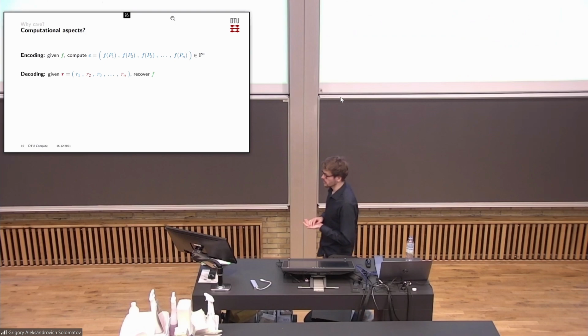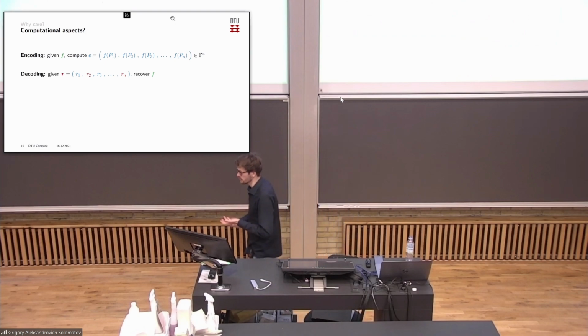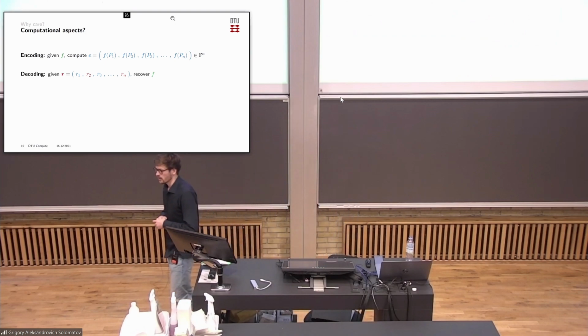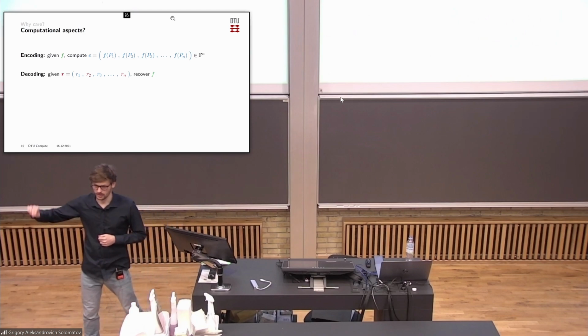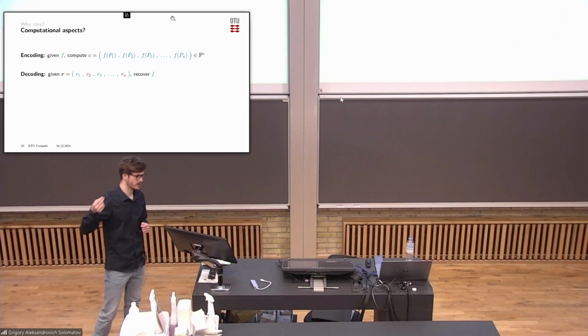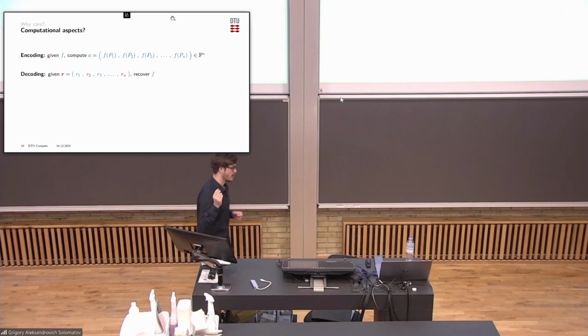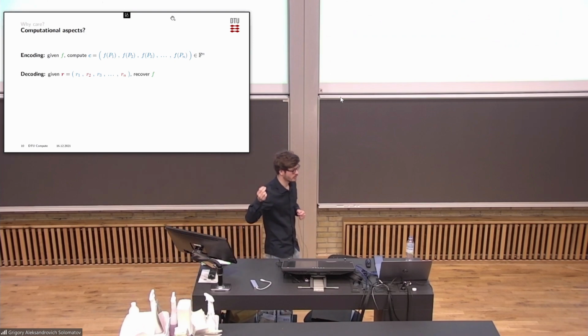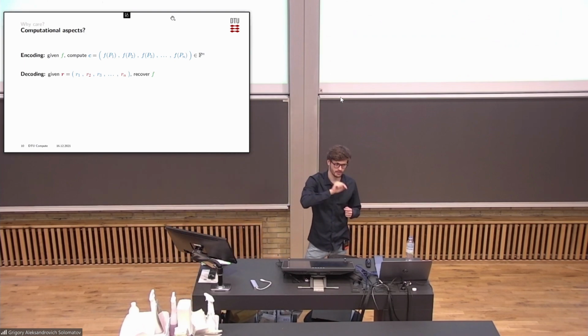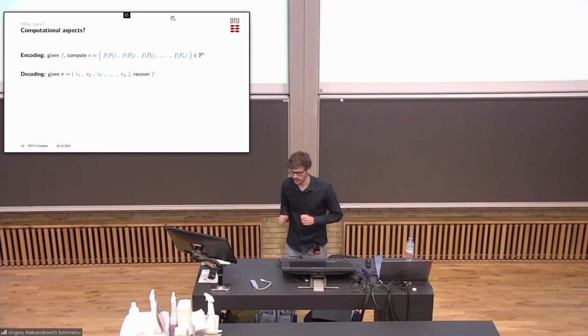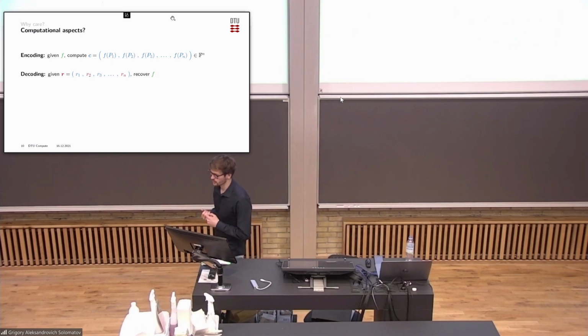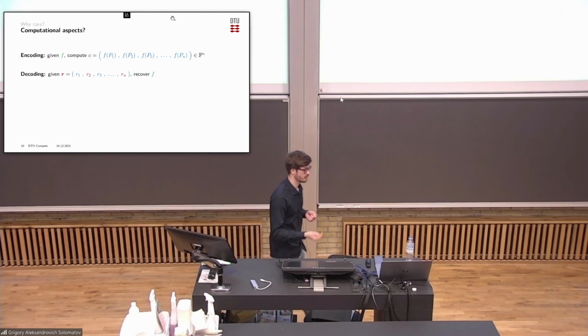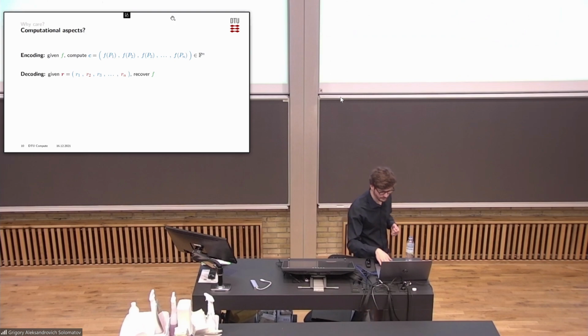And the problem of decoding is in a sense analogous, or inverse, you could say: somebody has taken a message and encoded it using whatever code is being used, and this code word, as it's called, is sent through a noisy channel so that some of the symbols have been replaced with something else. Our task is now to figure out what was the message that was used to generate the code word that was sent in the first place.